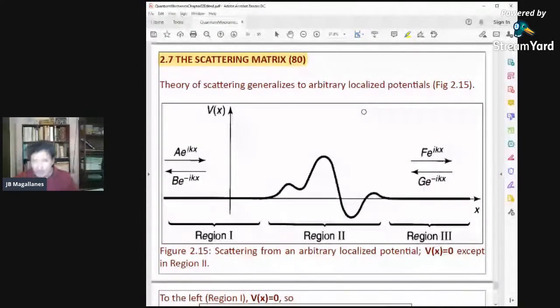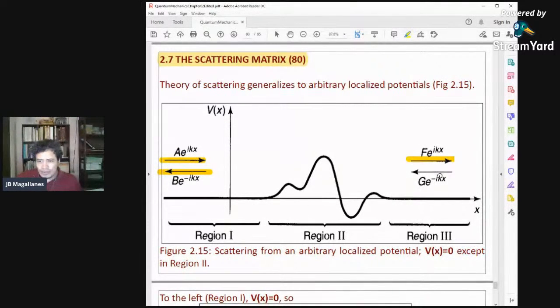So if you have any wave or wave packet and any potential, and then you have a wave packet or any wave function going toward it, some of this wave in general will be reflected, and some of it will be transmitted.